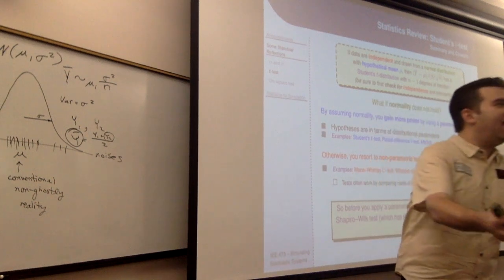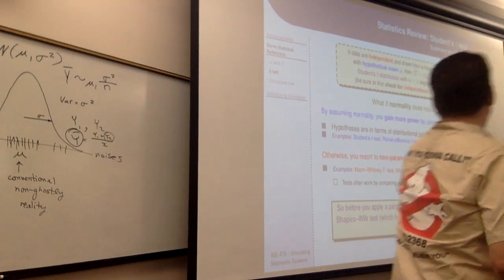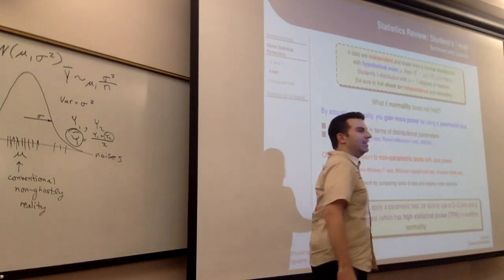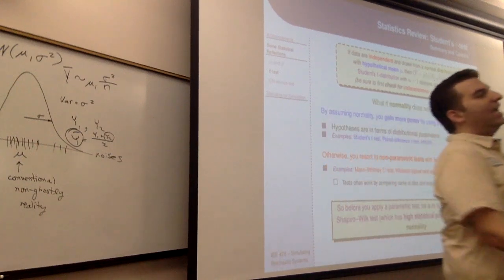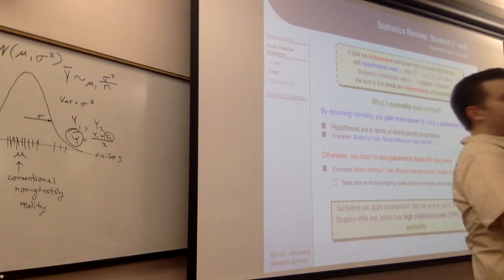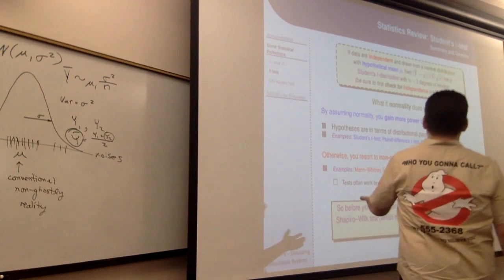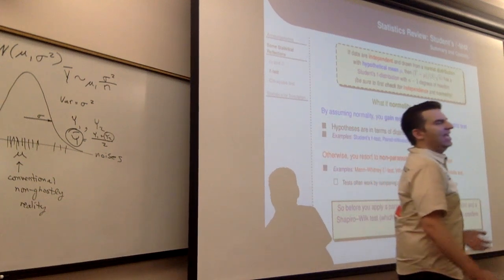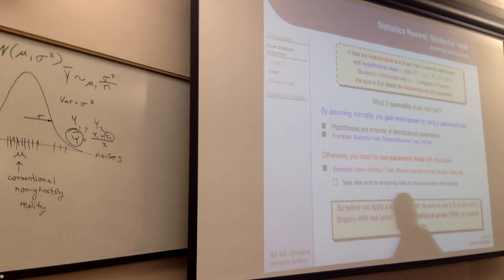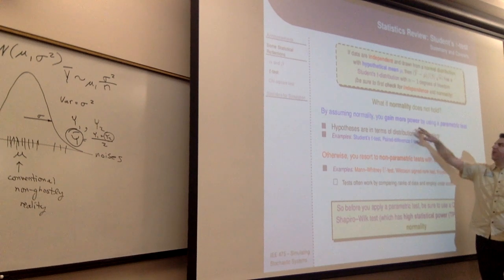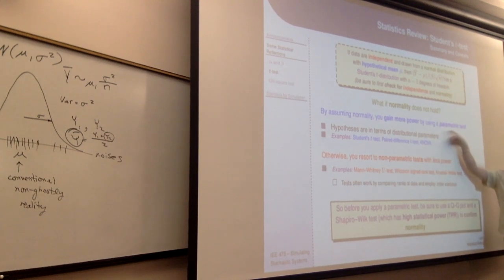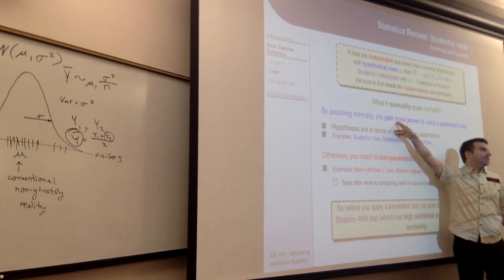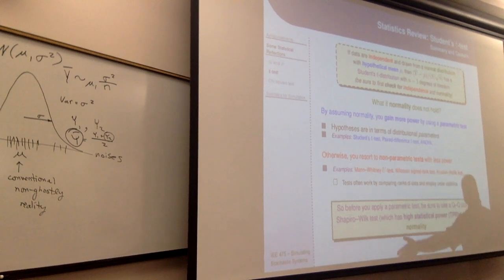I'm not going to force you to do a Shapiro-Wilk in this class, but if you leave this class and apply a t-test to a data set somebody's given you, you can get into a lot of trouble if you say, yeah, I just ran a t-test, and they say, did you look at the residuals, and you find out you shouldn't have applied a t-test. A t-test is what we call a parametric test, because we get more power by assuming normality or some distribution.